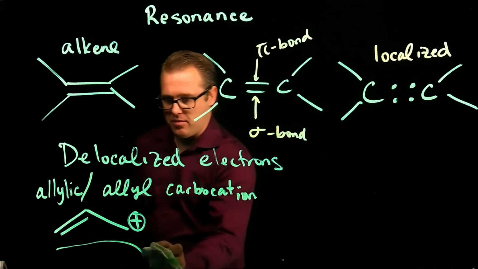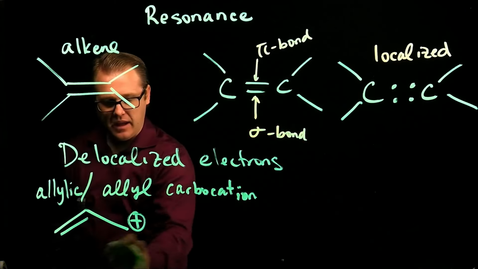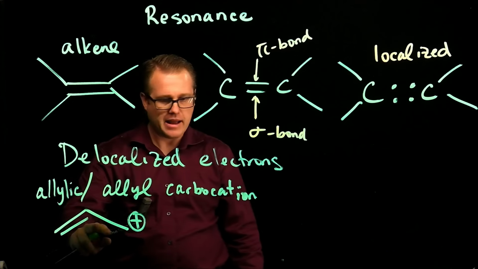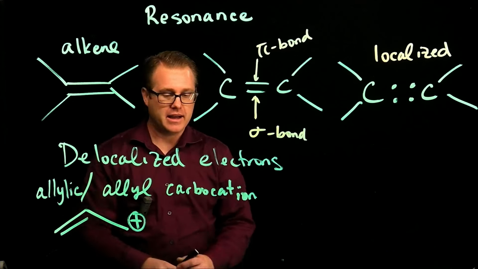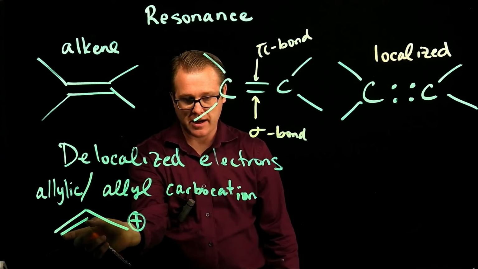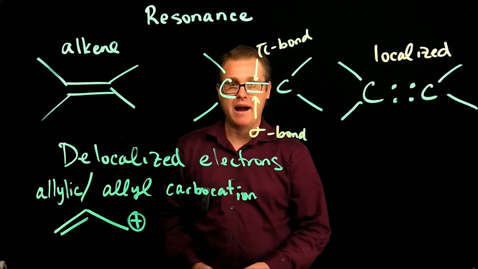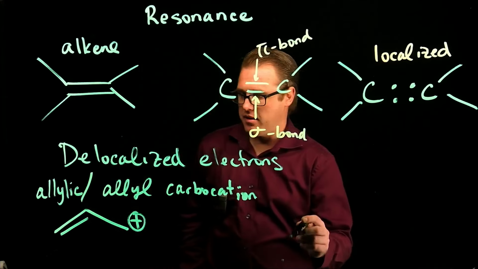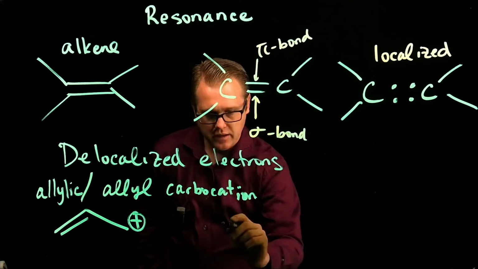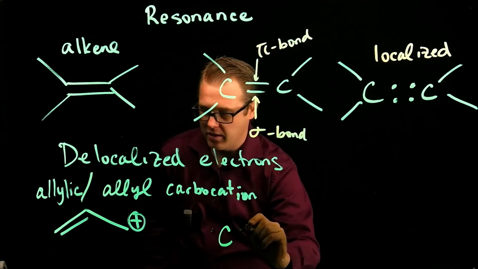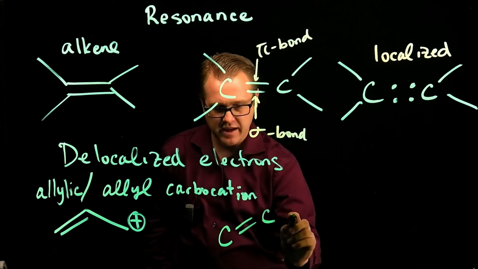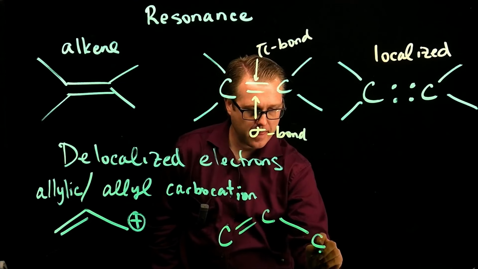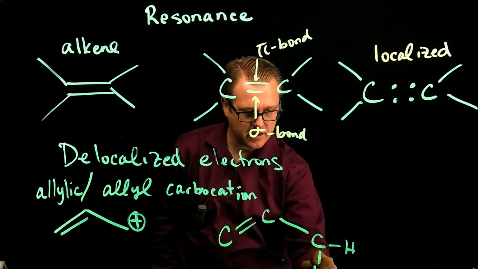Now this allyl carbocation is really, really hard to draw like this because these electrons right here can move around. They are delocalized. So if I redraw this, if we have a carbon here, double bonded to a carbon there, to a carbon, you have a hydrogen.